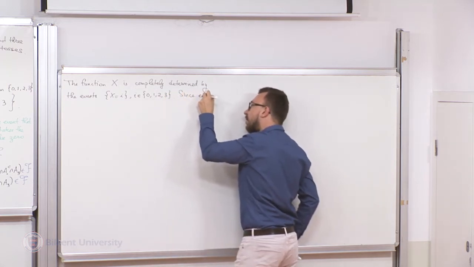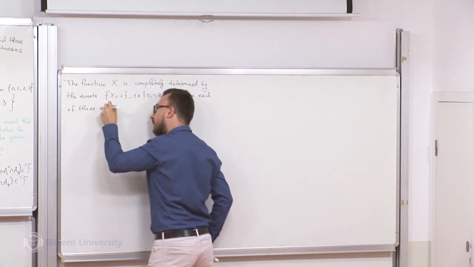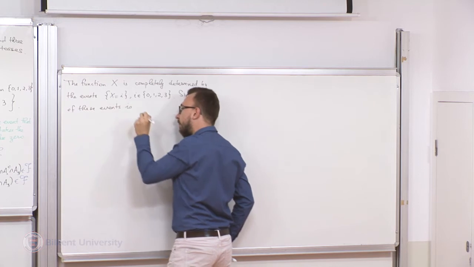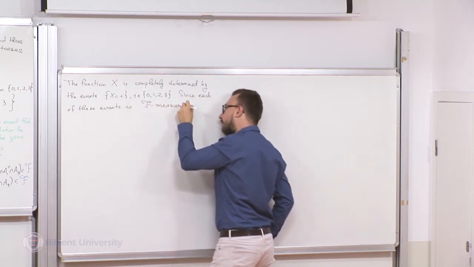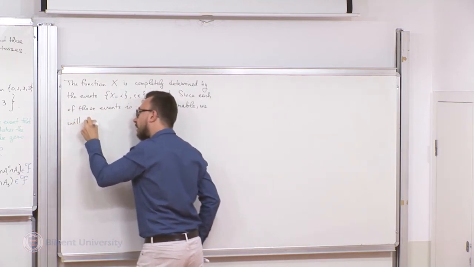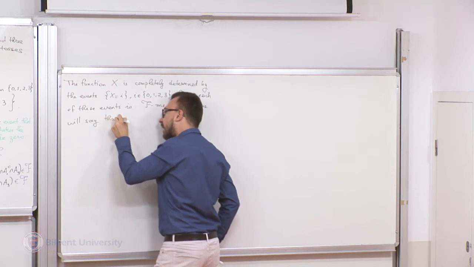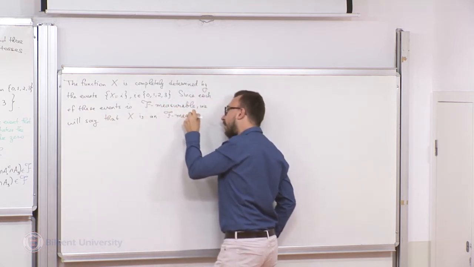Since each of these events is F-measurable, we will say that X is an F-measurable function.